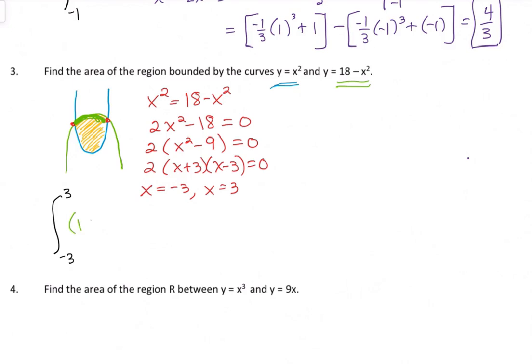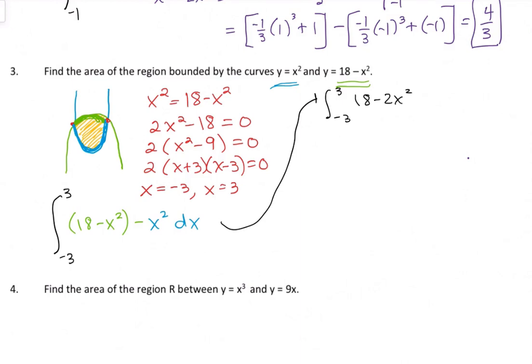That would be 18 minus x squared. And I want to subtract from that the bottom portion of that area, which is a piece of the parabola that opens up. So I want to subtract the x squared dx. So that's going to give me my integral from -3 to 3 of 18 minus 2x squared dx.